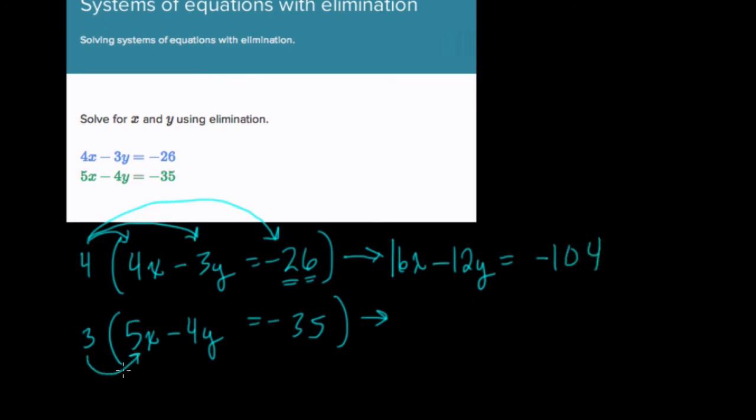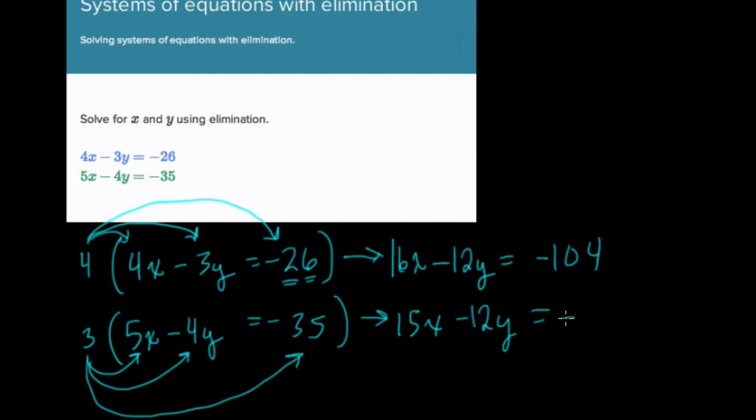Here, 3 times 5x, 3 times negative 4y, well, that gives us 15x minus 12y, and then 3 times negative 35 is negative 105. Now what's going to happen? Well, here we don't have opposites, so we're going to subtract one from the other.